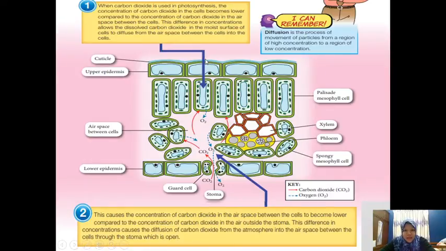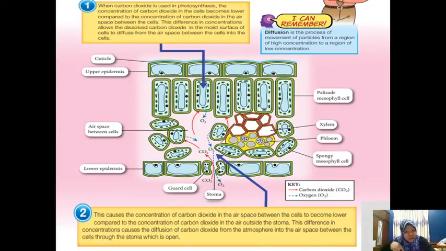Meresap ke mana? Meresap ke dalam cells. Melalui apa? Melalui airspace, melalui liang-liang udara yang berada di antara cells tu, between the cells, into the cells. So kita akan resapkan karbon dioksida tu tadi. Okey, so konsep dia sama.